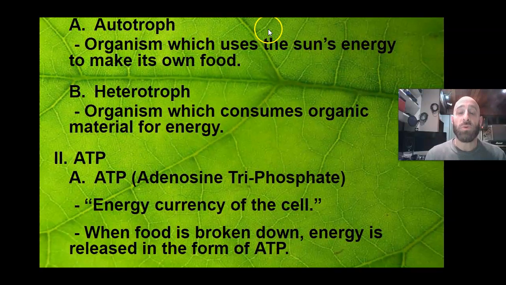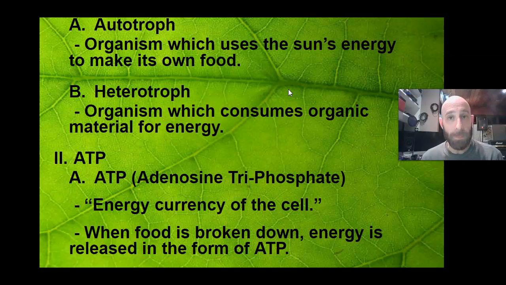Now, what is actual energy? When we're talking about cells, the energy that gets used is a molecule called adenosine triphosphate, or ATP for short. We're going to be talking a lot about ATP as we go through this unit and the next unit. Basically, it's what we consider the energy currency of the cell. What's our currency? We use dollars, right? We use money. If you want to go to the store and buy something, you need to have money.